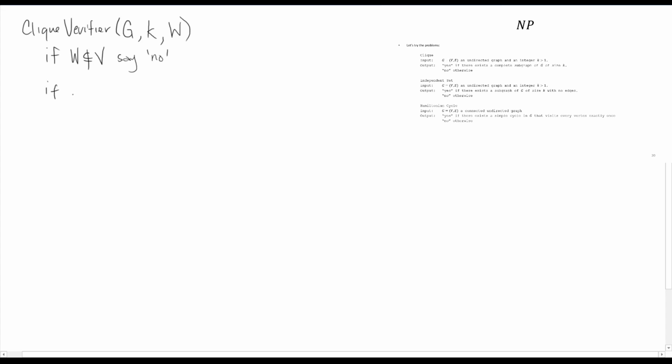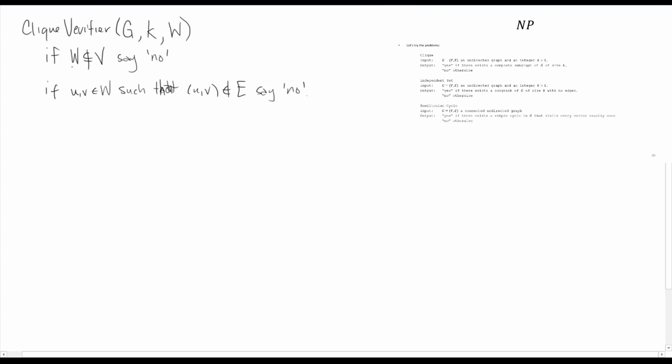So if there's a U and a V in W, so now I've got two vertices in W, such that all of our pairs of vertices are supposed to have an edge between them. So if we can find one that doesn't have one, so let's say such that UV is not in the edge set, then we should say no.